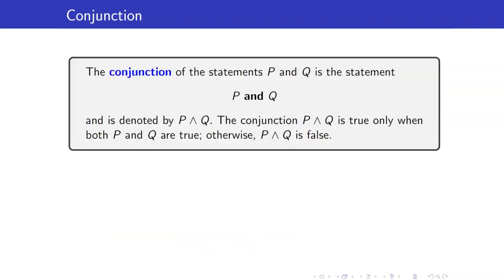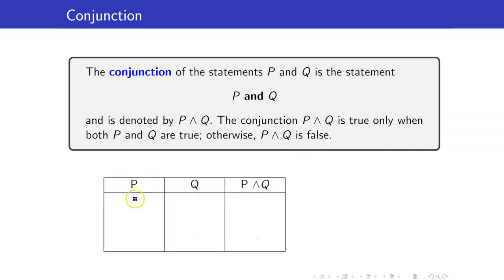Let's go to our second logical connective, conjunctions. The conjunction of the statements P and Q is the statement P and Q, and it is denoted by this. You read this as AND. It is true only when both P and Q are true. Otherwise, P and Q is false. Let us create the truth table of this.